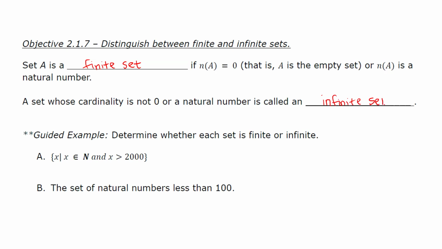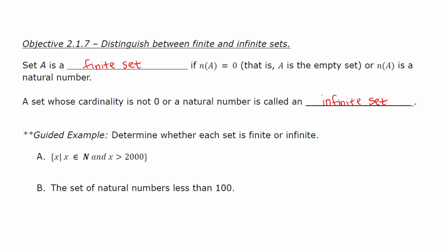set. Okay. So in our examples here, we're asked to determine whether each set is finite or infinite. For the first one, we are looking at all x values such that x is an element of the natural numbers and x is greater than 2000.